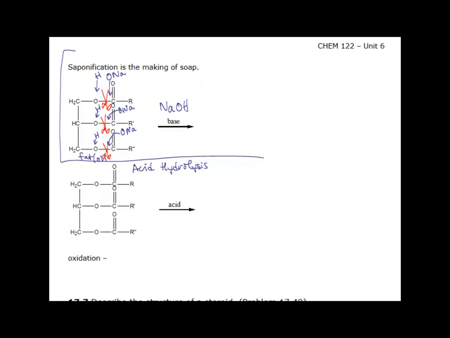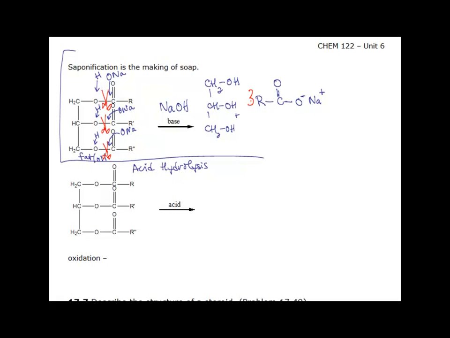Your products from saponification: you get glycerol, and I'm going to flip this, so you have R, C double bond O, O, Na. You get 3 of these, because you had 3 esters that you cleaved.